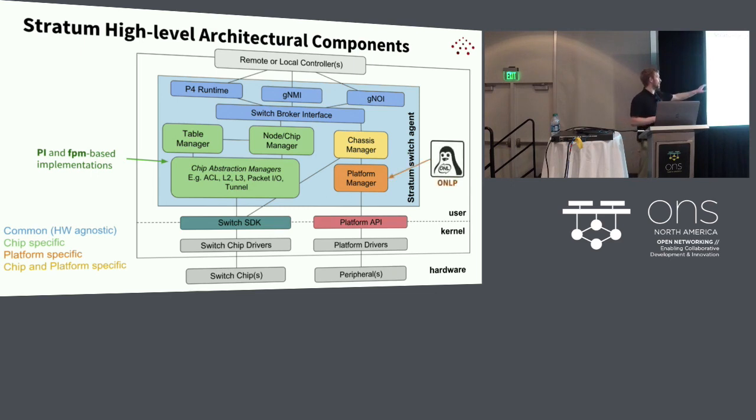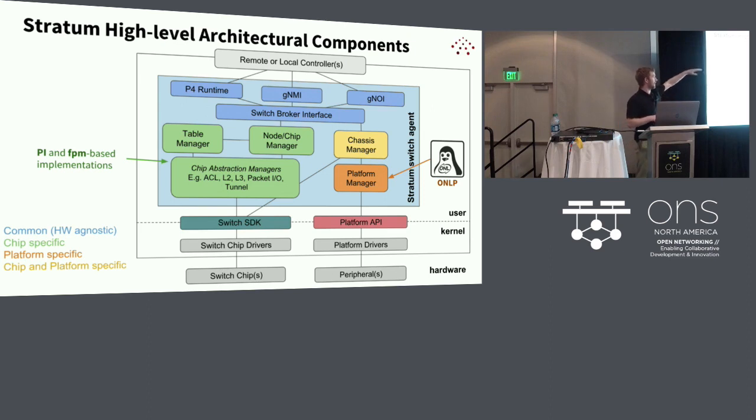On the right side, we have a platform manager, and the reference implementation that we have is based on ONLP. So any ONL-based box should be able to conform to this platform manager. And then a chassis manager ties this together. It's what ties the front panel ports to the ASIC ports, what manages the serialization, deserialization, SerDes, of the transceivers, and also does things like box and ASIC initialization.